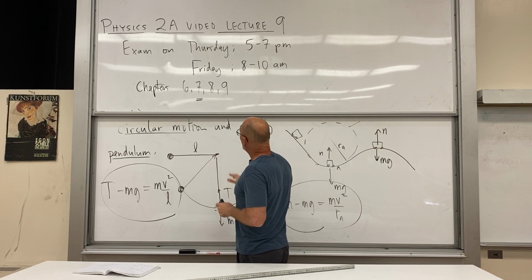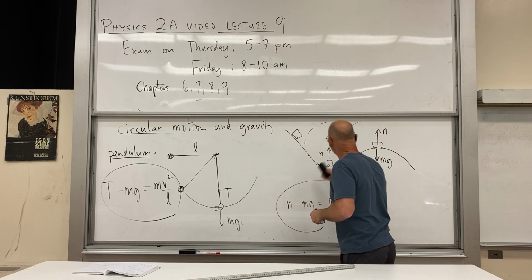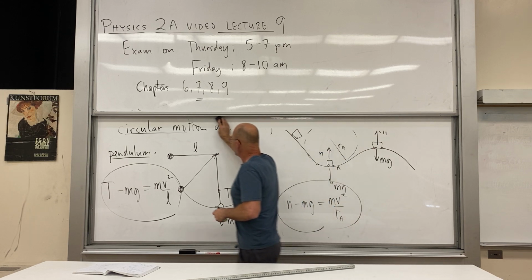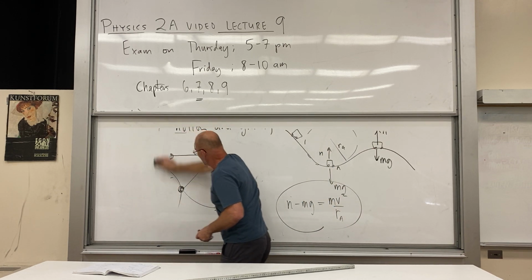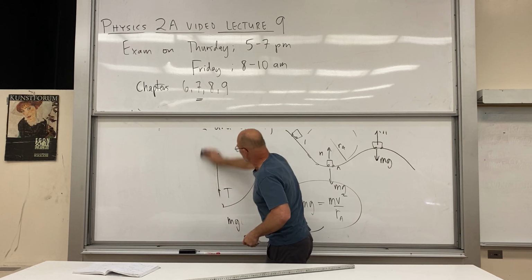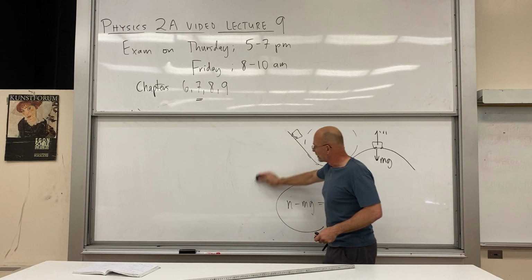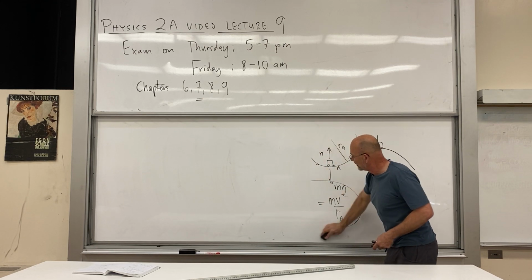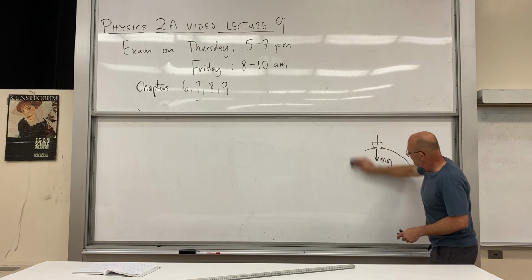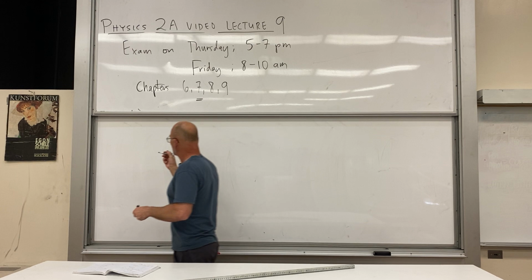So that's circular motion. Now I want to talk about gravity. Newtonian gravity. And then, I give the Newtonian gravity formulas, and then we go to circular orbits. Good, so now gravity.